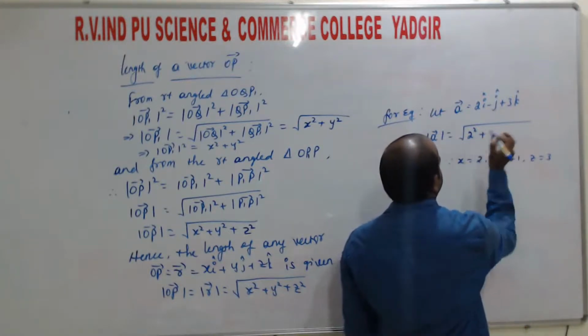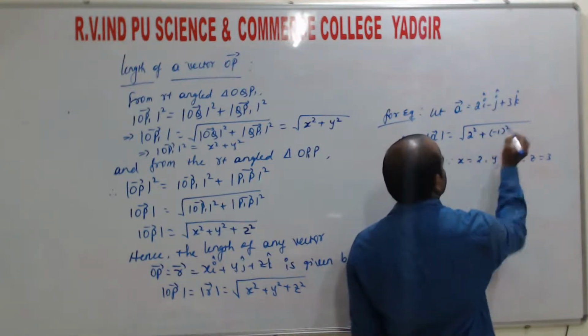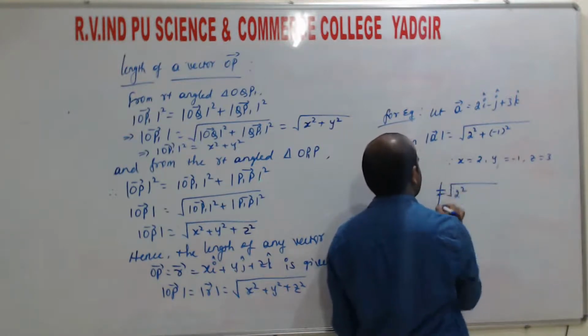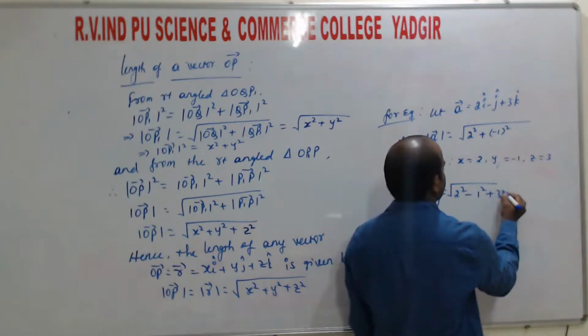Now x square plus y square, y is minus 1 whole square. Don't take 2 square minus 1 square plus 3 square.